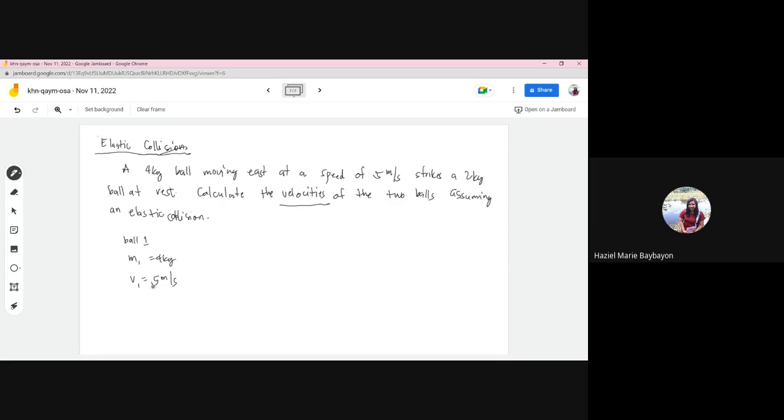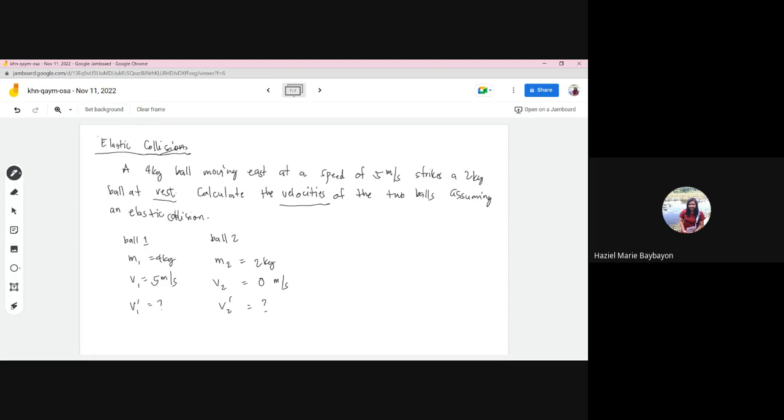And for ball number 2, V1 prime is unknown. Ball number 2 has mass equal to 2 kilograms. Its initial velocity is 0 because it is at rest. And then, we don't know its final velocity. So, this is what we will find. Now, since we have two unknowns, we need two equations.